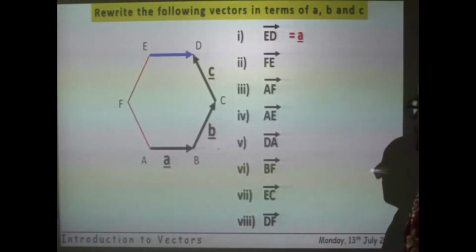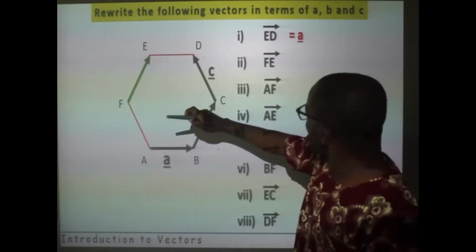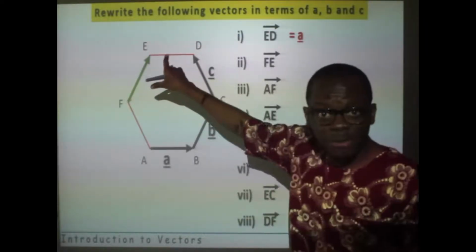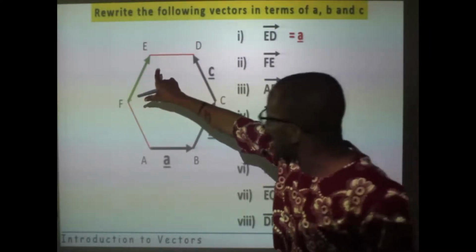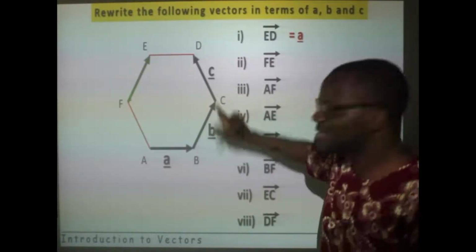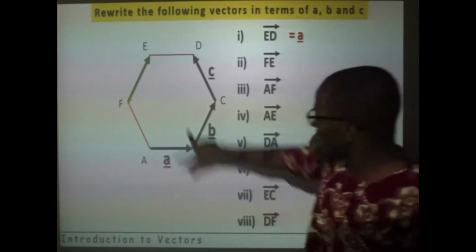Moving on. How about the vector FE? Look at the vector FE. The vector FE has got the same direction and the same size as the vector BC. Can you all see that?